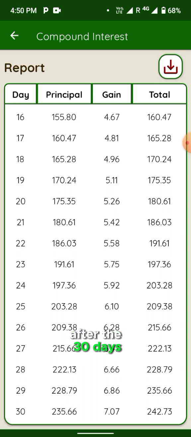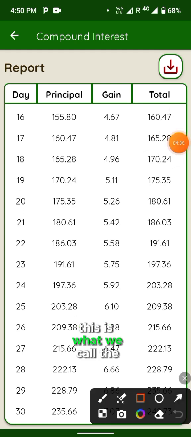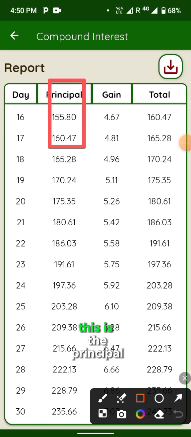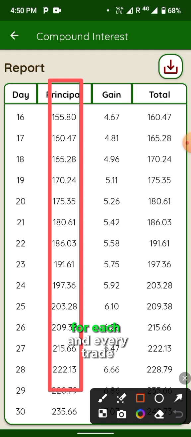After the 30 days, it will give you a principal. This is the principal amount, the amount that for each and every trade I will be putting as my principal.